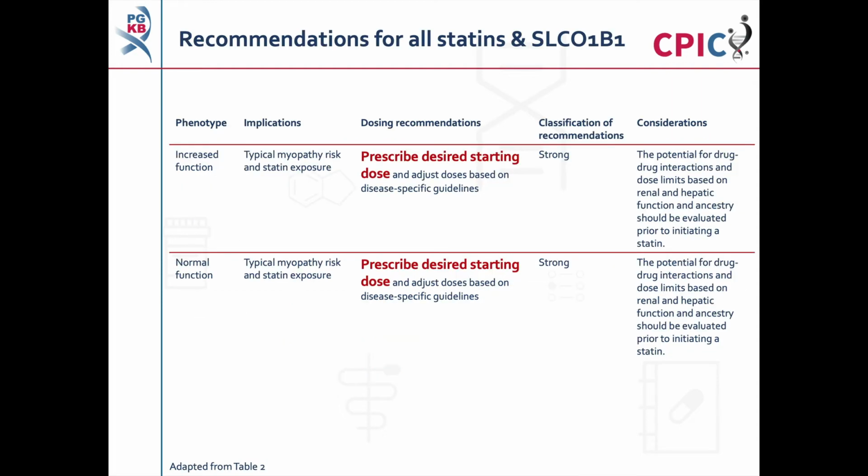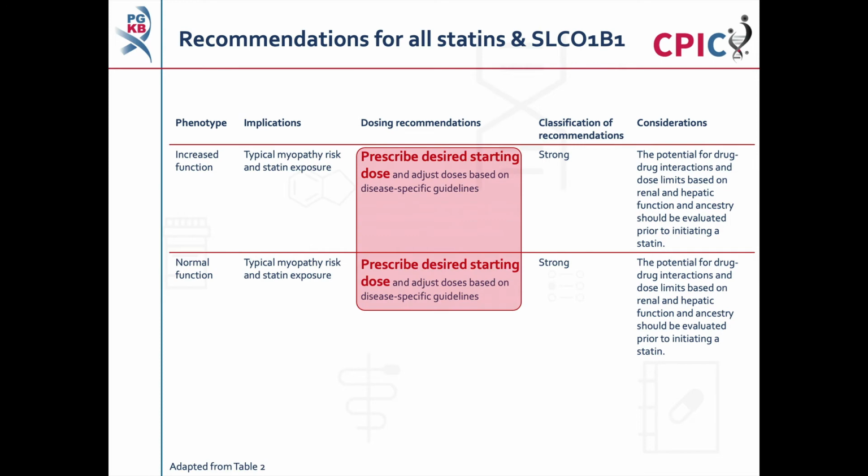The CPIC recommendations for SLCO1B1 decreased function, possible decreased function, and poor function patients differ by drug. However, the recommendations for increased function and normal function patients are the same for all statins. Patients with increased or normal function may have typical statin exposure and a typical risk of myopathy when treated with statin.